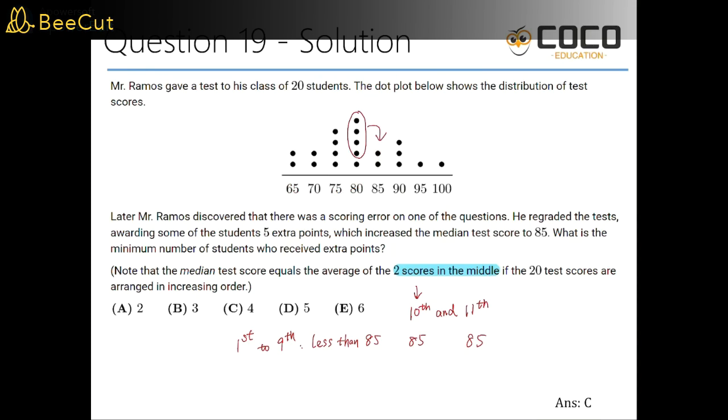Now the remaining number of students is 9. This is the first to the 9th student. So these 4 students will get 85 marks. Then the 10th and the 11th, both of them have 85. So answer is C.